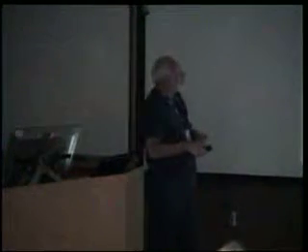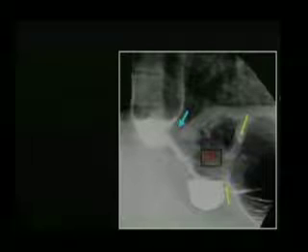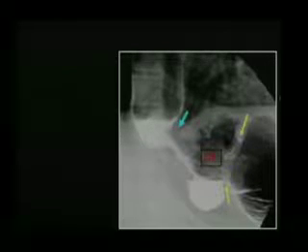And you will see that the area narrows when the patient inspires because there is a contraction of the hiatus of the diaphragm. Okay? So this is the hiatus of the diaphragm here. This is the wrap. So what is this?